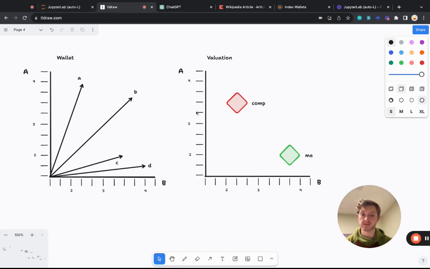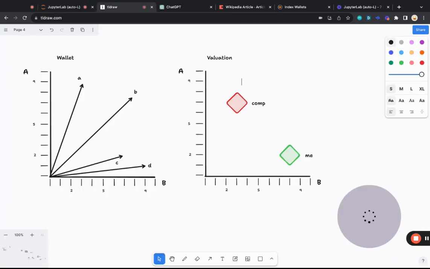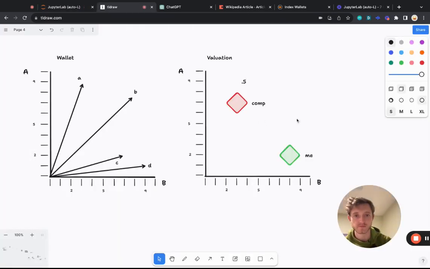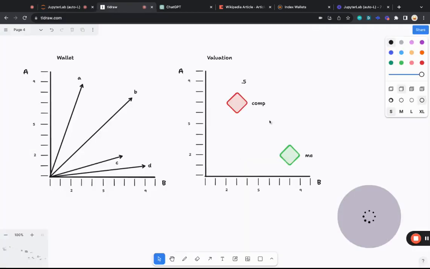Okay. Well, this creates some vector field. So up here is A. And at A for the competitor, it's 0.5, where 0.5 means we're overlaying.